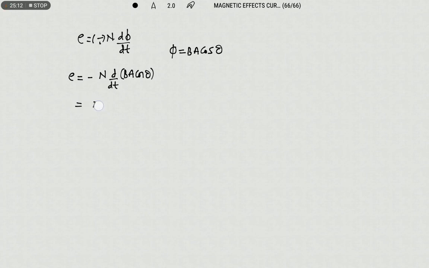So I am writing like this: n A cos theta into dB by dt. dB by dt is nothing but the rate of change of magnetic field. That means E is produced due to rate of change of magnetic field intensity.